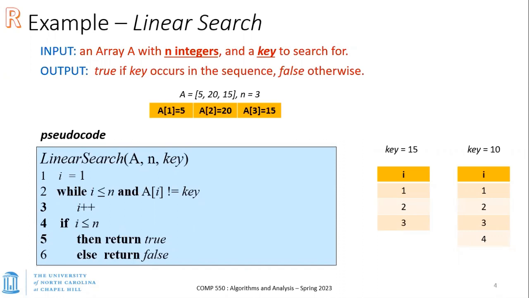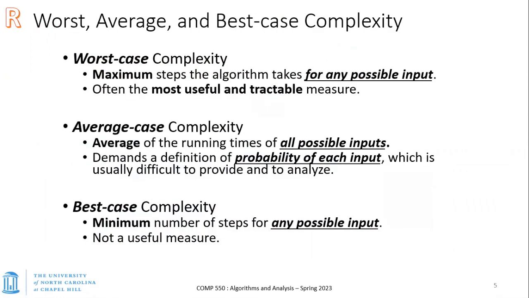This was a fairly straightforward example of linear search, and then we said, well, if we have this particular algorithm, what is the worst, average, and best case complexity? We looked at the worst case complexity being for all possible inputs. You can think of all possible inputs. What is the worst case situation that this particular algorithm is going to behave in?